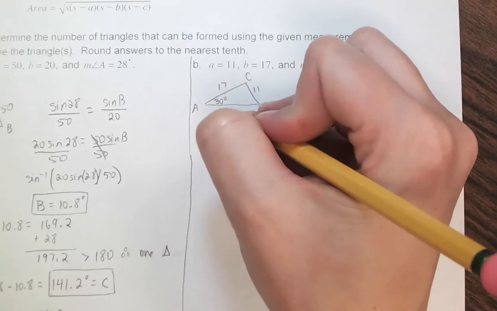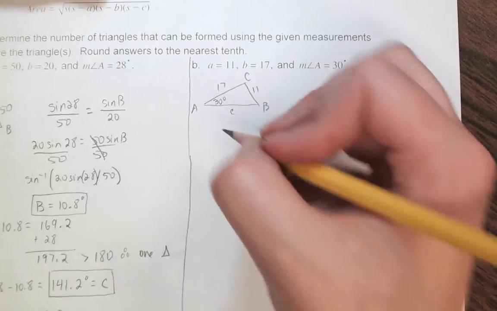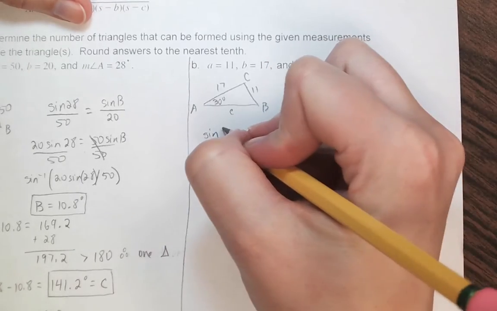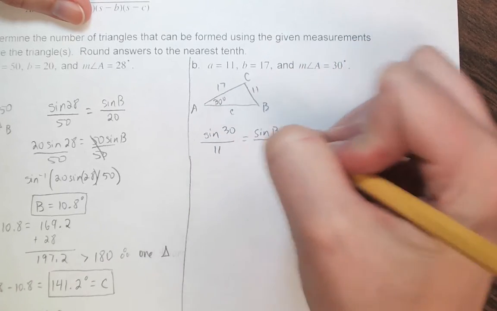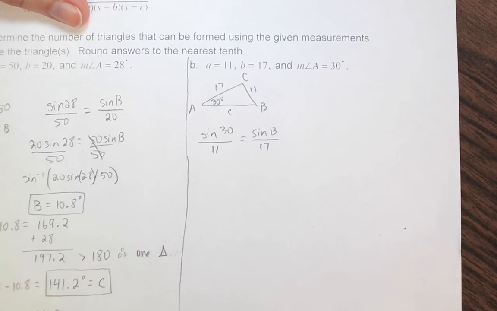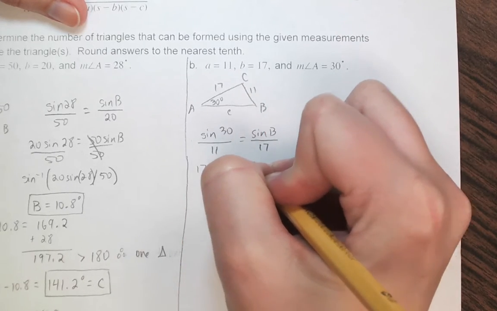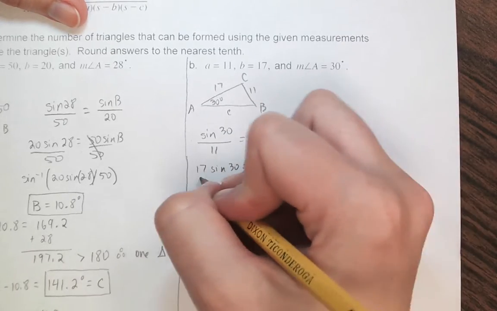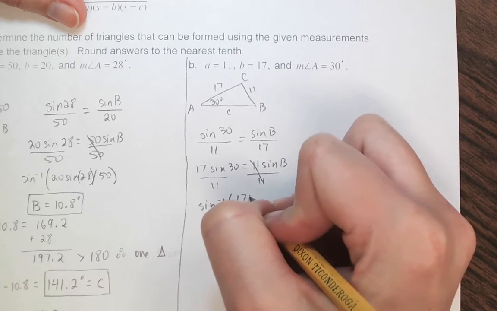So the next step is to solve with what you have to find the possible angle B. Sine of 30 over 11 is sine of B over 17. Cross multiply and solve, so I have to divide by 11. And then I'm going to use my inverse to find the angle.